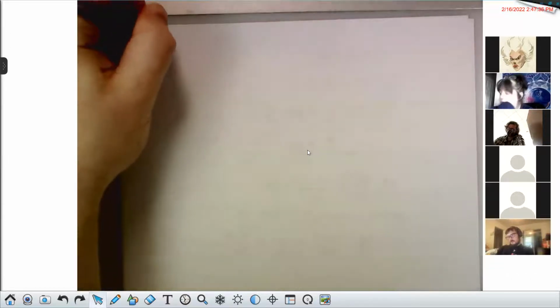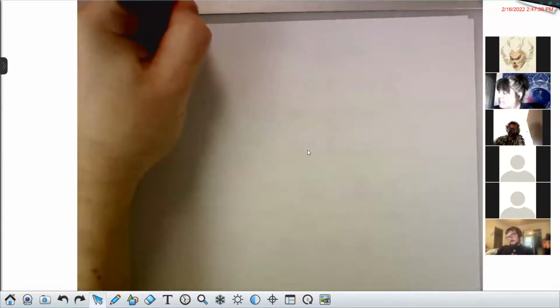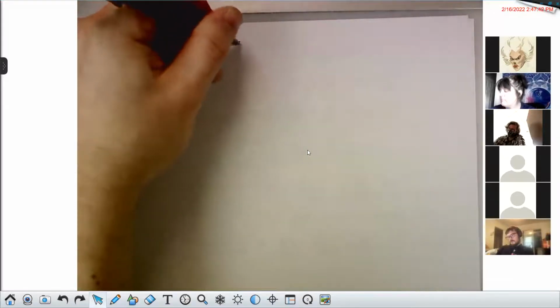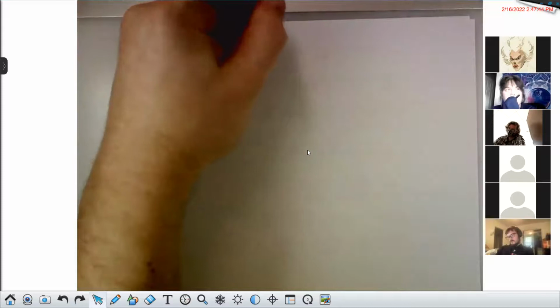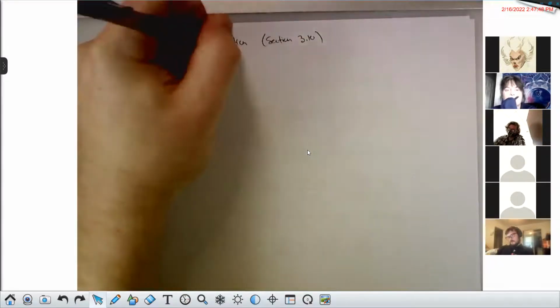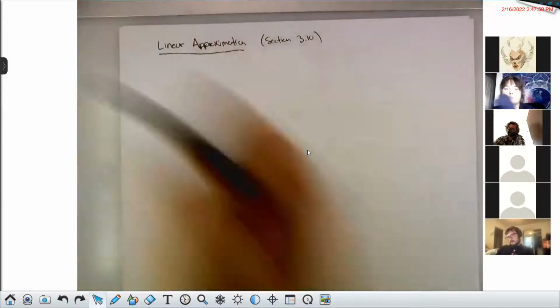The next place we're going is section 3.10 on linear approximation. And this section technically has like 3 parts. We will only be doing one of them.